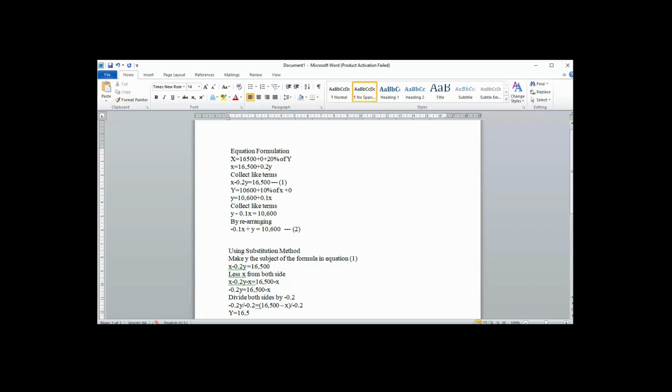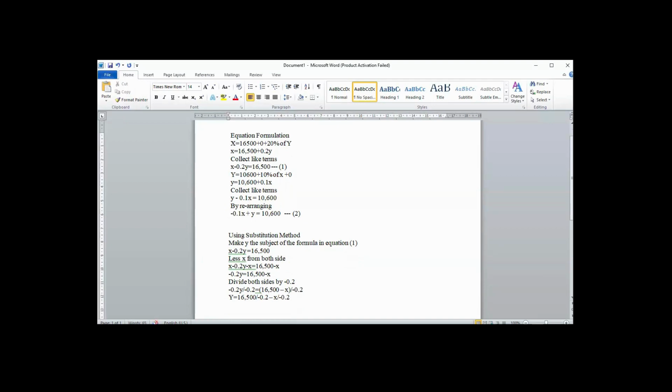16,500 divided by minus 0.2, minus x divided by minus 0.2. 16,500 divided by minus 0.2, what do you have?